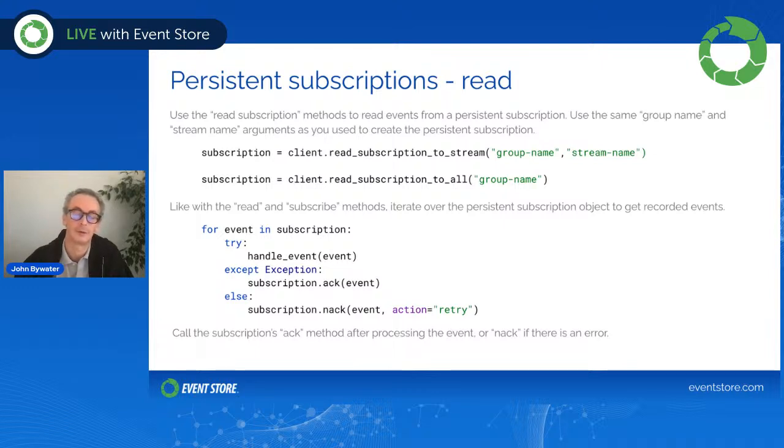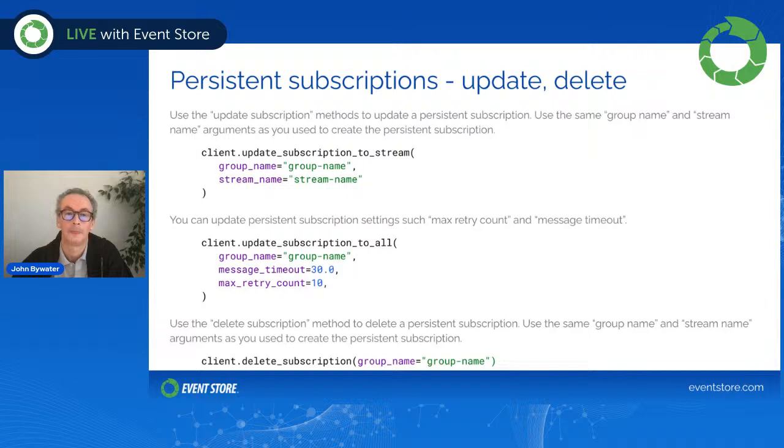Just to flip it around in your head. I just made a mistake on the slide. So we'll acknowledge or negatively acknowledge the event according to whether we successfully processed it, and there are actions that we can say when we're nacking, according to what we want the server to do: retry, park, stop, and so on.